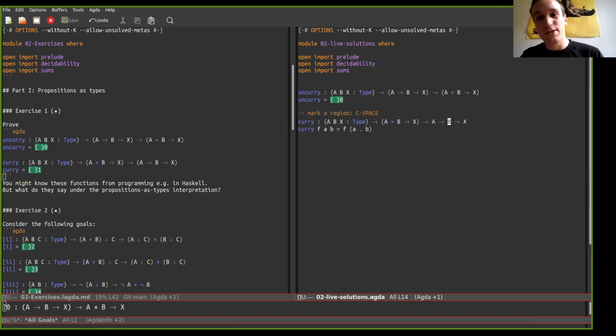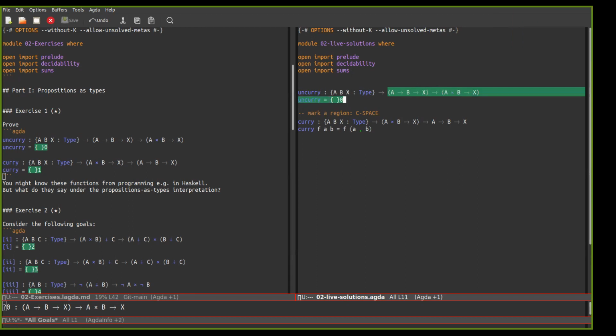But of course, here you need it, because this is maybe one function. Okay, now the other direction. Again, we give it a function here.